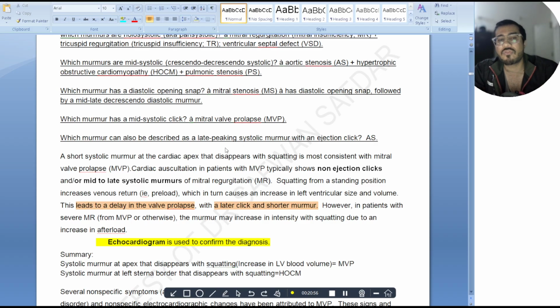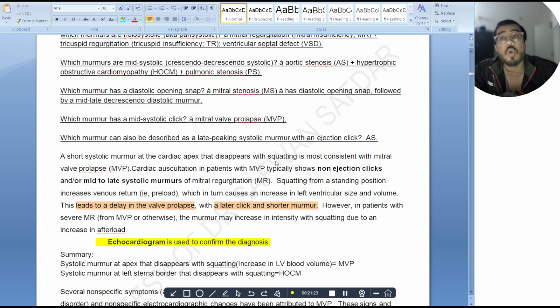Initially, when the ventricular contraction is really less, it's not going to go really up. But when the contraction peaks, it peaks, not at the start of the systole, but at the mid of the systole. Ejection click is basically another term for opening snap. Ejection click, opening snaps, a short systolic murmur at the cardiac apex. If they mention cardiac apex, it's mitral involvement that disappears with squatting.